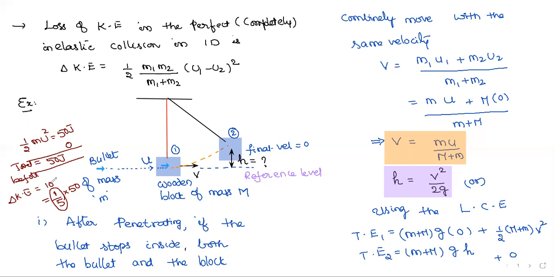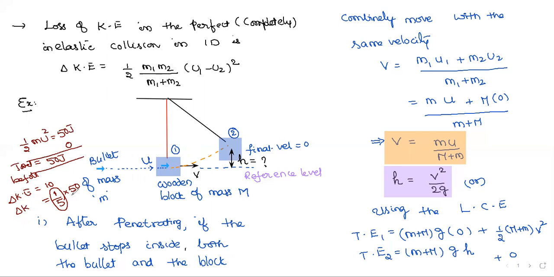How do you get it? By doing 10 by 50. Delta K by the total kinetic energy before the collision gives the fraction 1/5.